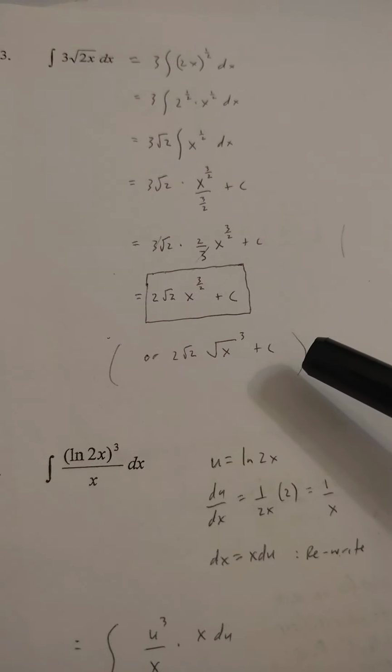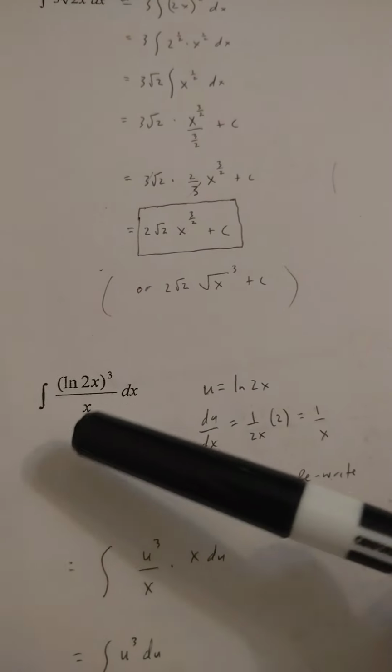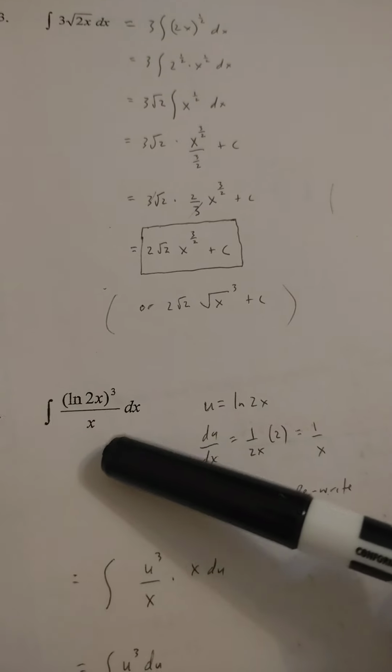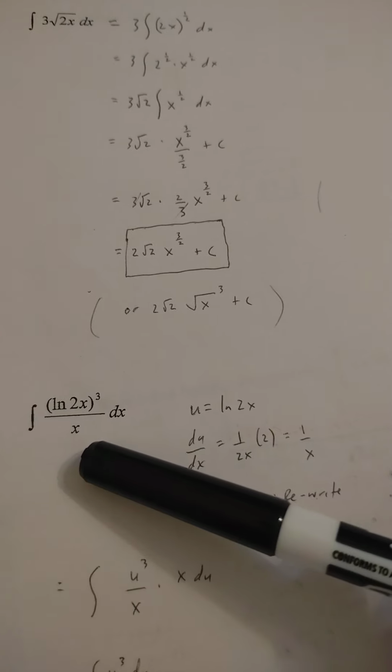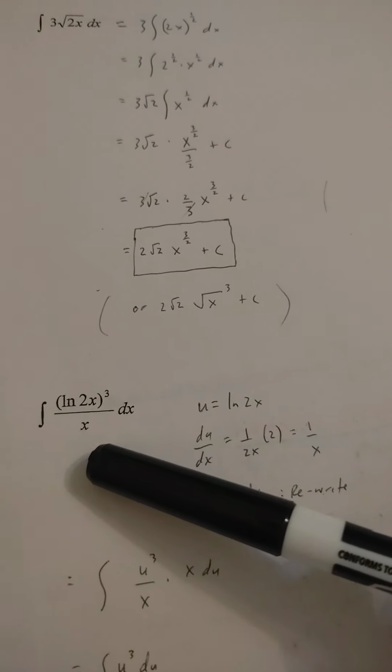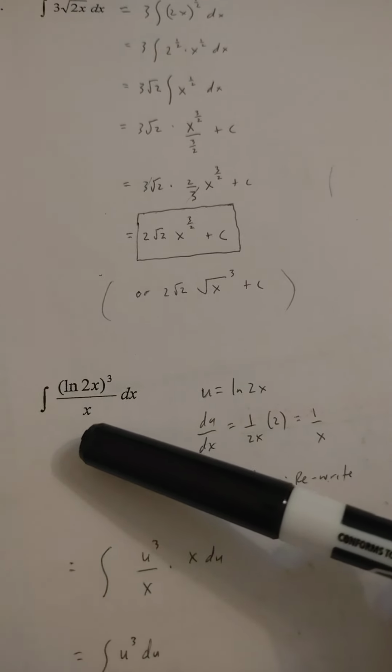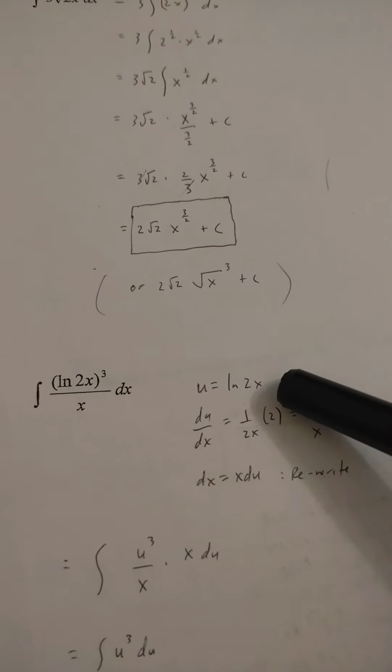Okay. Here's the next problem. Remember, this is a quotient, but there is no quotient rule for integration. We have quotient rules for derivatives, but we do not have quotient or product rules for integrals. So when you see a quotient, very often we do a u substitution.